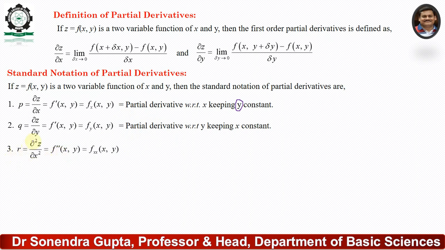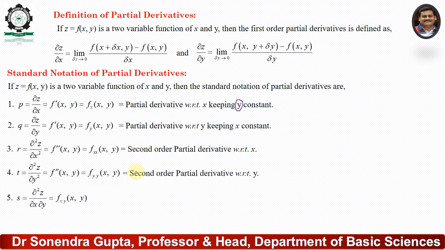Third, r equals del 2 z by del x square, f double dash of x y, that is f xx, called the second order partial derivative with respect to x. And the fourth, t equals del 2 z by del y square, f double dash, or may be written as f yy, called the second order partial derivative with respect to y.